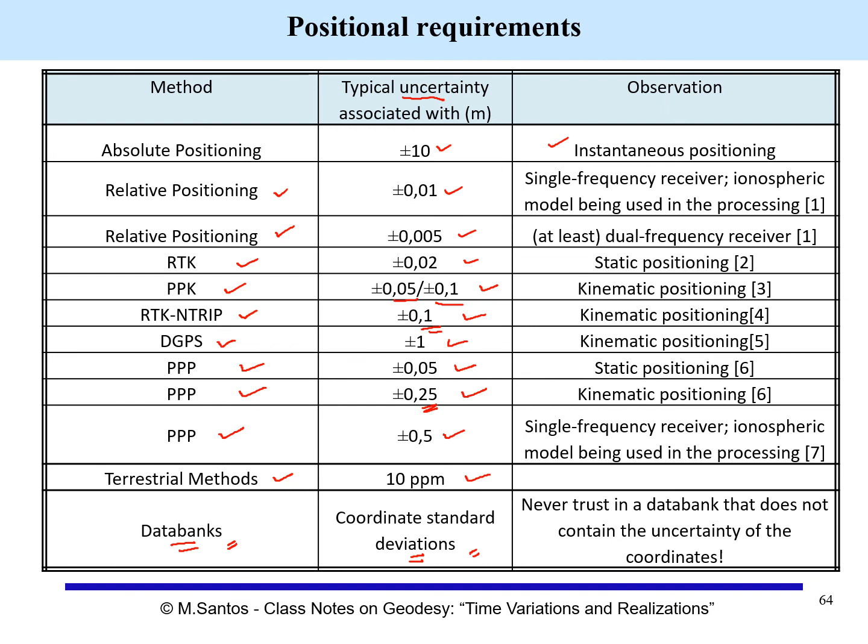So what I usually say is never trust a data bank that does not contain the uncertainties of the coordinates. Okay, because either they're bad, or the person that built the data bank was not careful enough to write down the standard deviations, which means that this person didn't think that standard deviations were important.